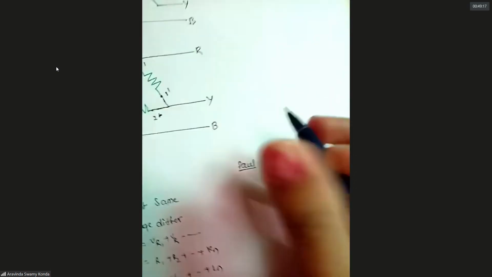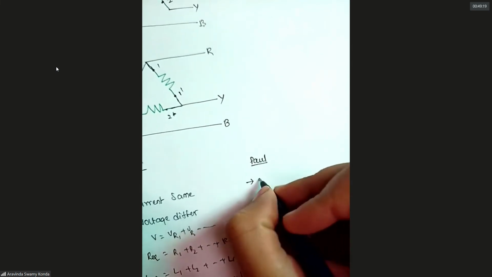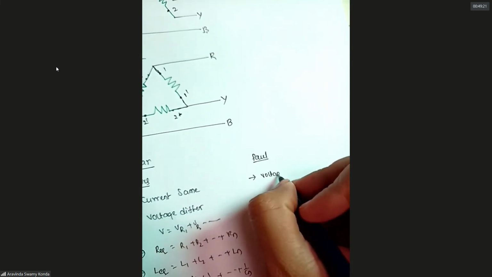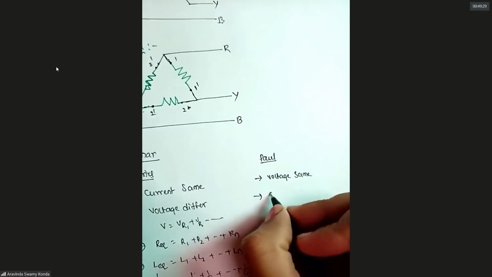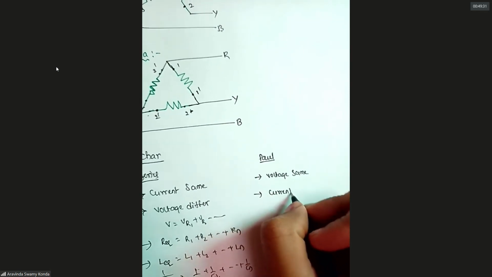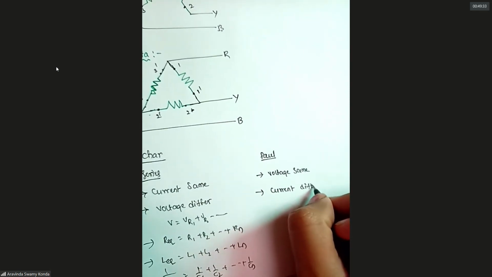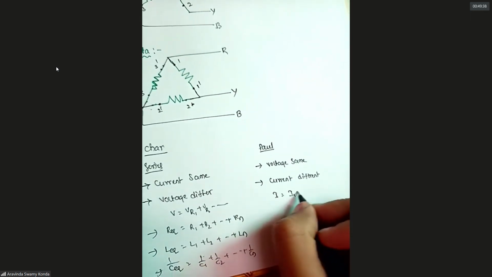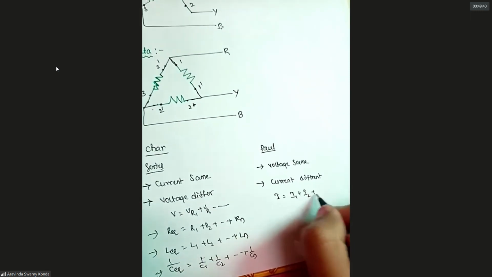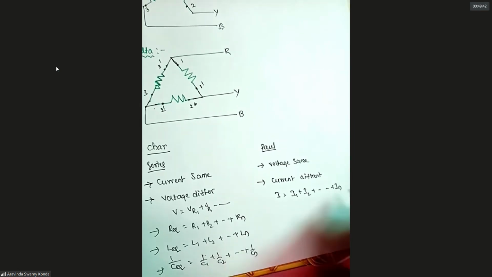When it comes to parallel, voltage is the same across all the elements which are connected in parallel. Current differs. Total current equal to I1 plus I2 up to so on In.